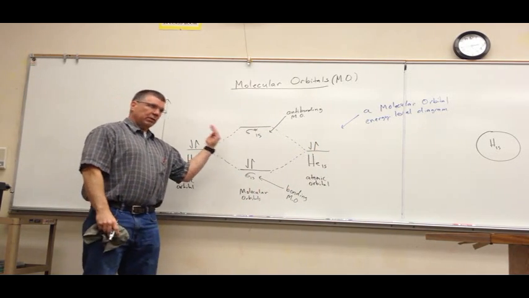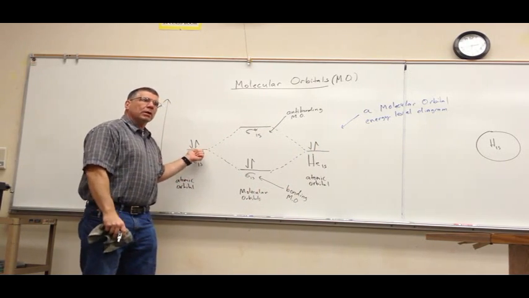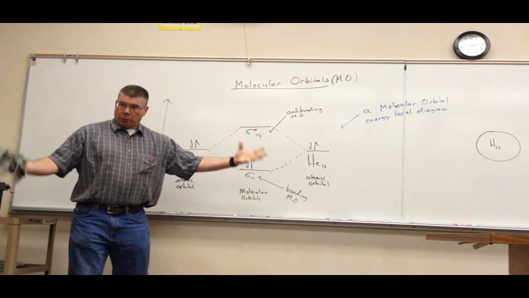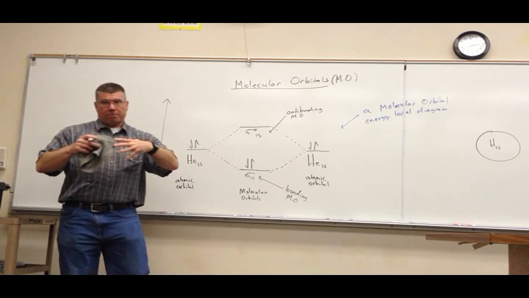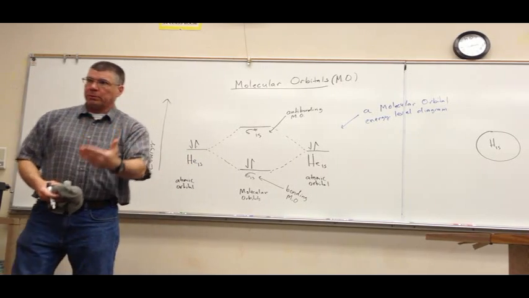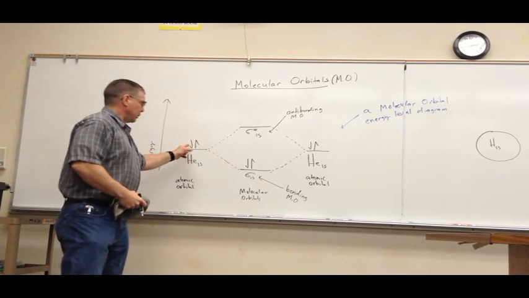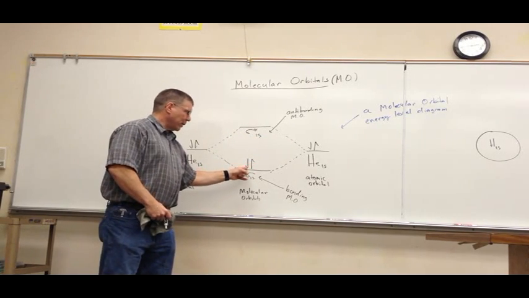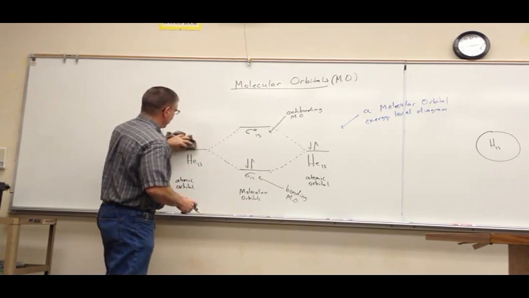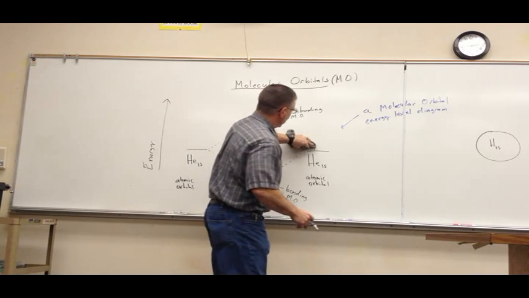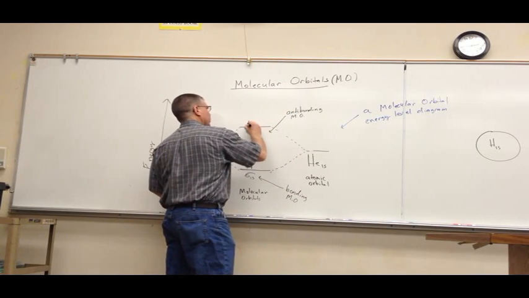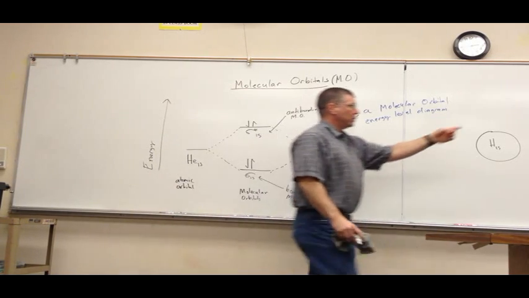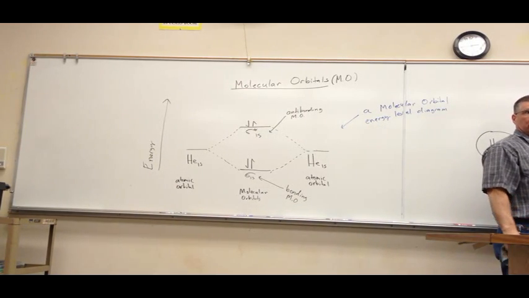So these are the electrons in the atomic orbitals on the individual atoms. And we bring them together and try to make a bond, a molecular orbital. We take two electrons and two electrons, so we have four, right? If we have two in here, that means the other two have to go up into this anti-bonding molecular orbital.